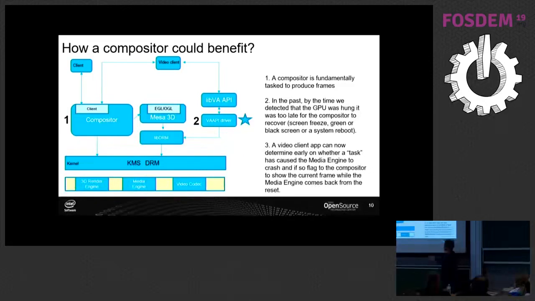As I was saying before, the VAAPI driver has that new knowledge of detecting when a batch buffer has gone bad, and that knowledge has been exposed to user space, in which case the compositor can now detect earlier in the sequence when a particular batch buffer has hung the GPU.